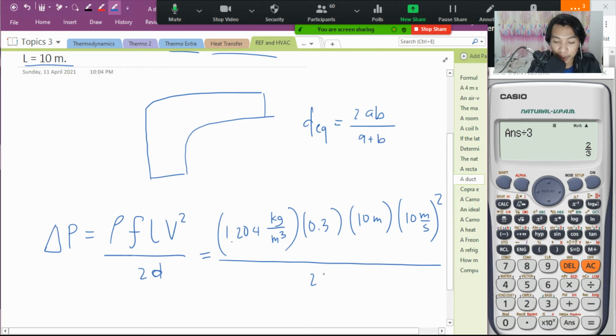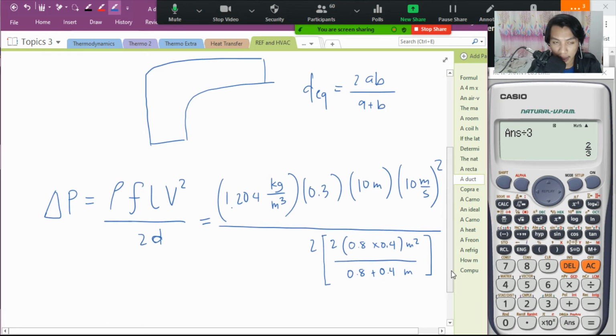Babalikan ko kayo pag naalala ko. 2 times yung A times B, 0.8 times 0.4 meter squared over 0.8 plus 0.4 meters. Dapat to Pascal. Okay, cancel natin yung same units.